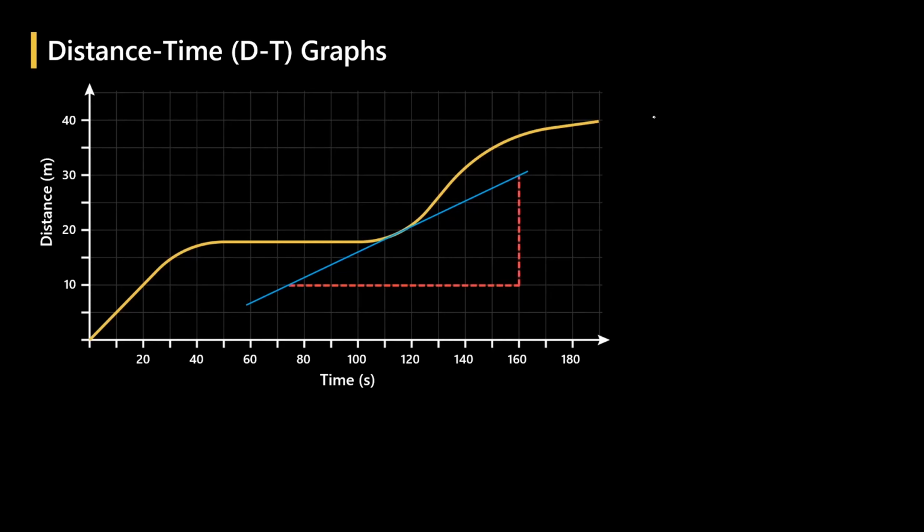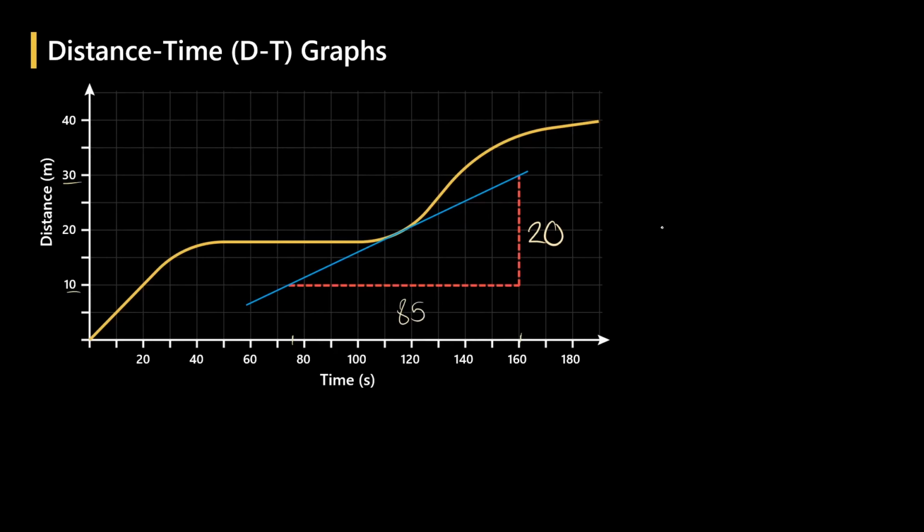I'm going to draw a triangle to help me calculate the gradient, and reading the values across for the y-axis first, we can see that it goes from 10 meters all the way to 30 meters, so that's a change of 20 meters, and on the x-axis it goes from around 75 seconds to 160 seconds, which is a change of 85 seconds.